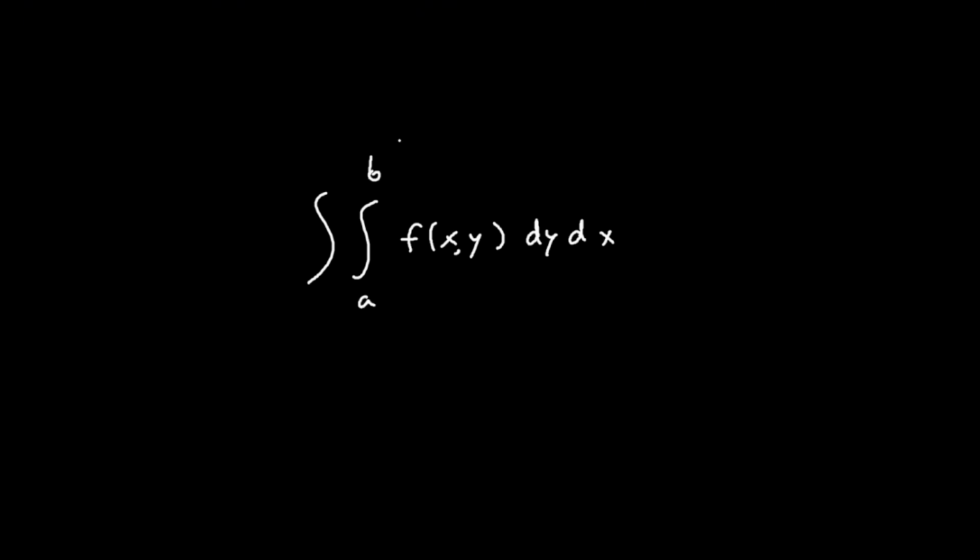Our b here is the top bound, and our a is the bottom boundary when you're integrating with respect to x. Now when you're integrating with respect to y, our d value here is the right boundary function, and our c value is the left boundary function.